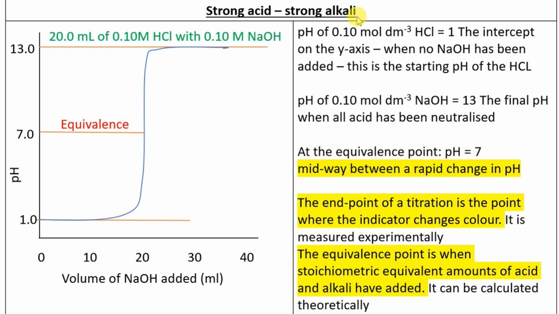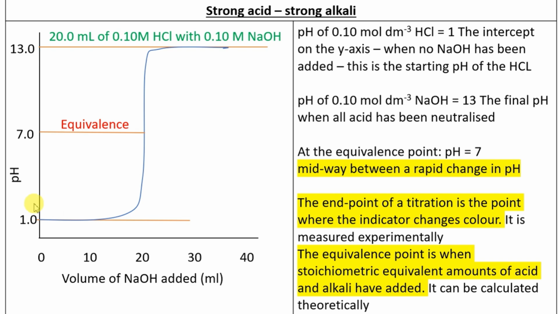Titrating a strong acid against a strong alkali, as would be the case with titrating 0.10 molar HCl with 0.10 molar NaOH. The pH of the acid is 1, given by the intercept on the y-axis. When no NaOH has been added, that's the starting pH of the HCl.